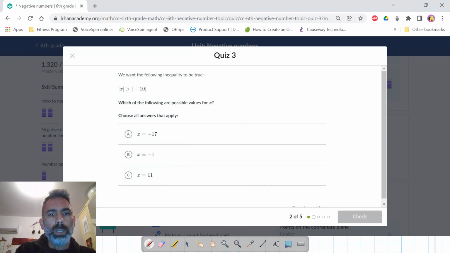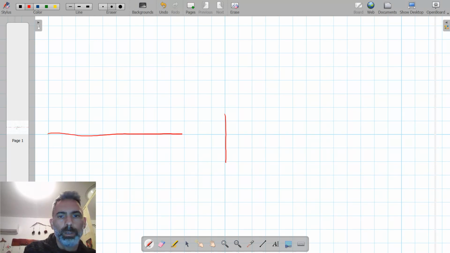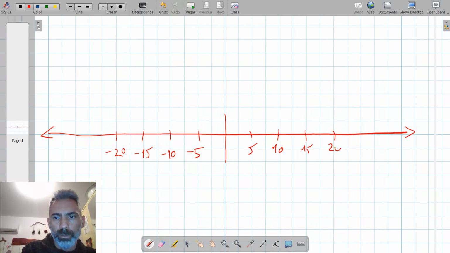Okay, we want the following inequality to be true. So let's say each hash mark is 5. So this is negative 5, negative 10, negative 15, negative 20, and this is 5, 10, 15, and 20.